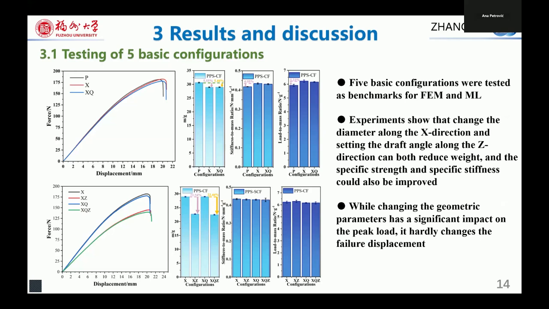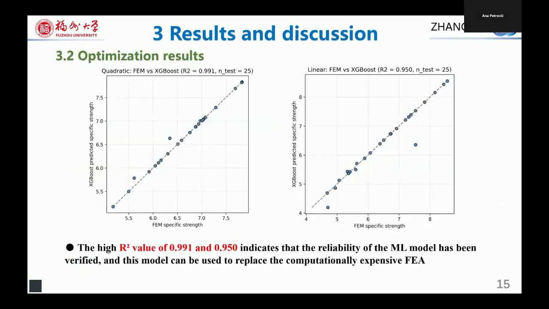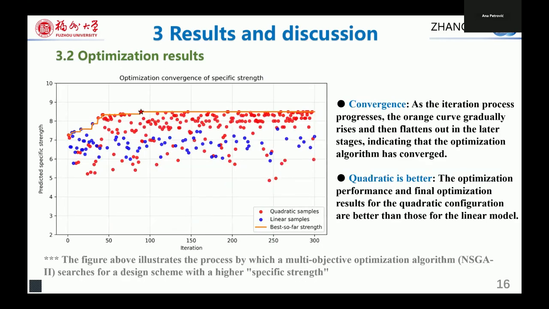While changing the geometry parameters has a very big impact on the peak load, it hardly changes the failure displacement. And in these 2 pictures, the high R-squared value indicates the reliability of the machine learning model. And it means that we could use the machine learning model to replace the FEA.